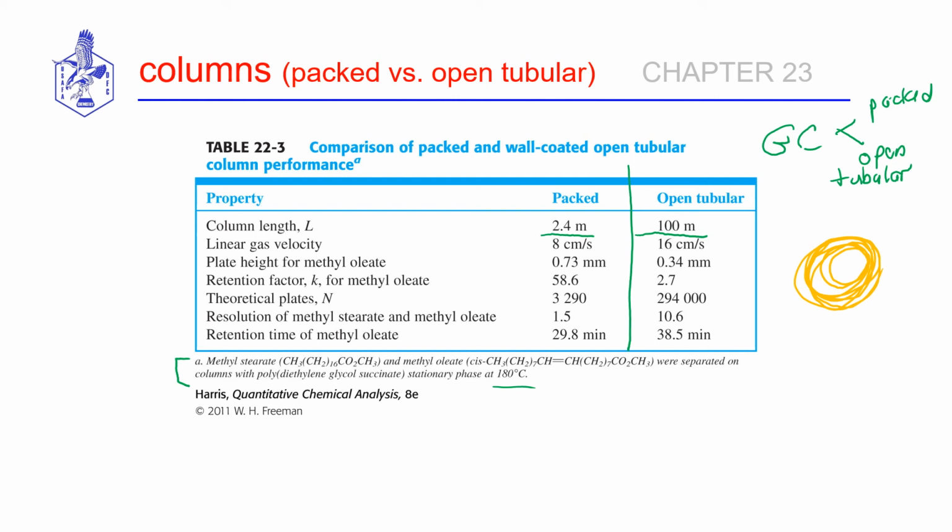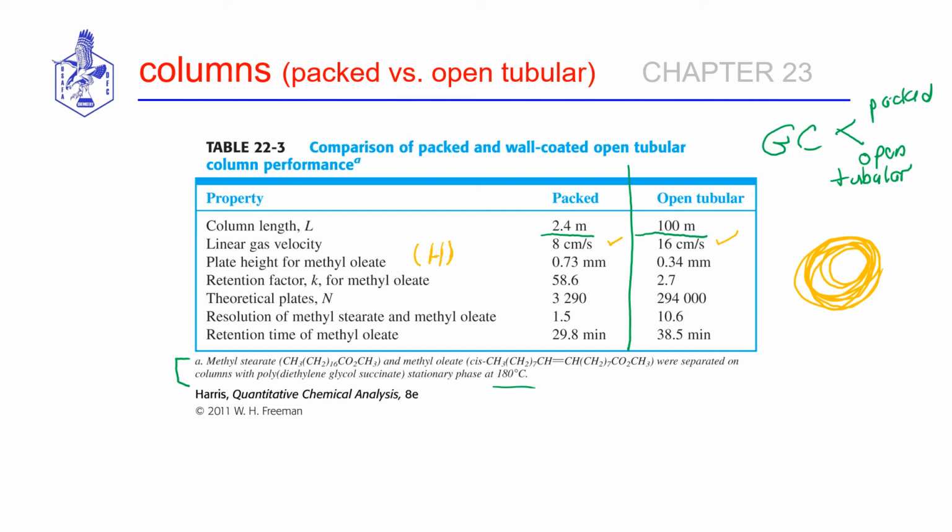The linear gas velocity, 8 centimeters per second for the packed, 16 centimeters per second in the open tubular. As you might anticipate, getting a gas to flow over a packed column, there's going to be a little bit more resistance, so it's not as fast. The plate height, once again, is the measure of the band broadening, and to optimize resolution, we want this to be as small as possible.